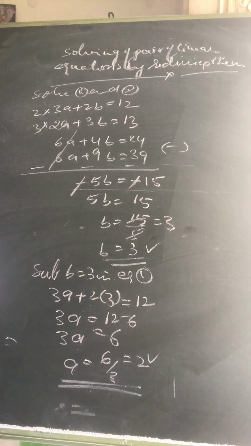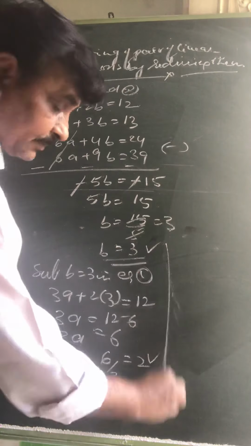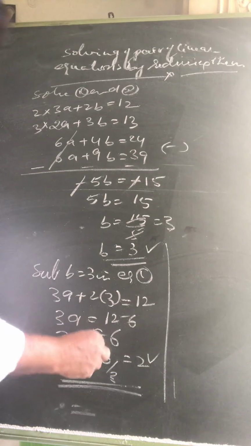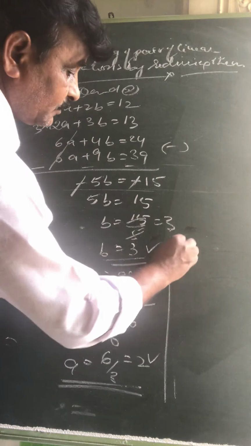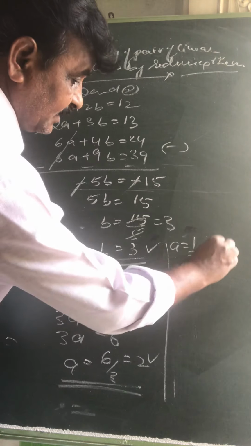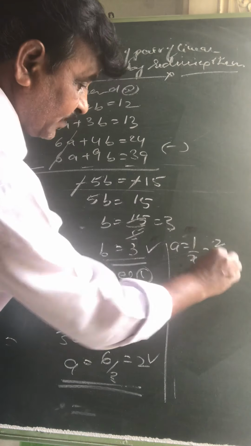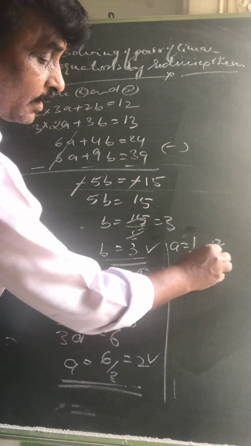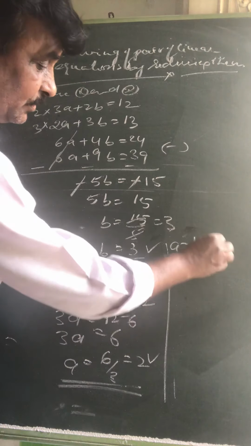But our problem is in terms of x, so this a and b we can write in terms of x and y. Here a means 1 by x is equal to 2 by 1.